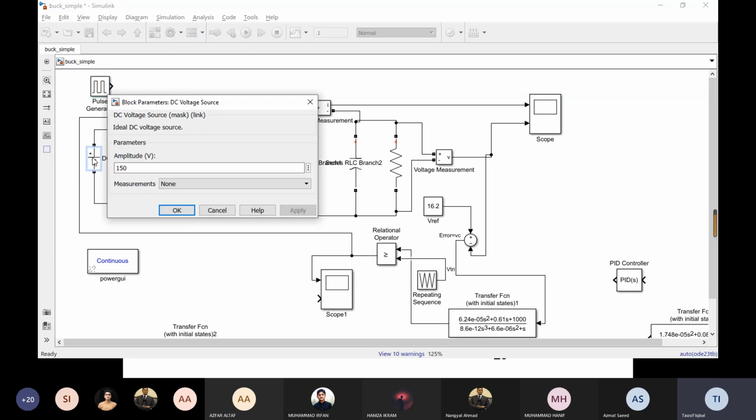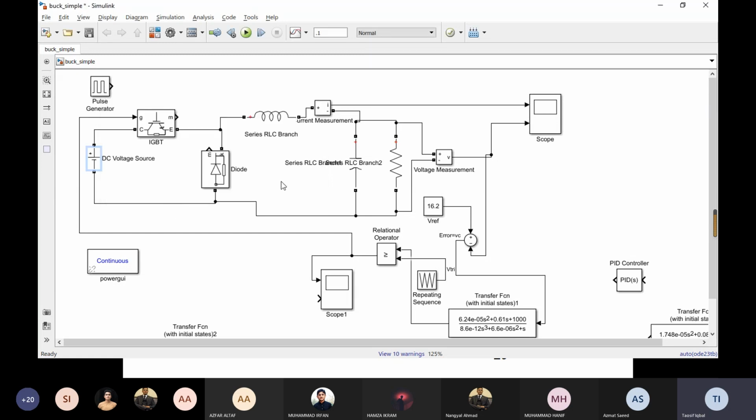So in this case, we have taken the same parameters. Input voltage is 29 volts, output voltage is 16.2 volts, and we take this closed loop system to make it run. So this is the reference voltage 16.2. Compare it with the output voltage.